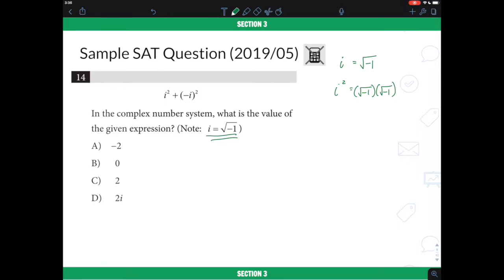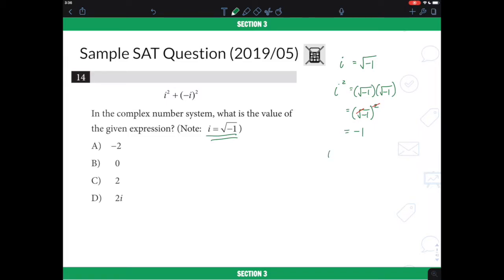And when you have this kind of notation, we can also write it as square root of -1, squared. And in this case, the square and the square root will cancel each other out, and that's how we get the answer of -1.